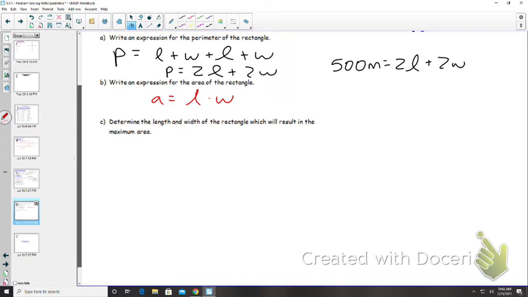So step 1, you're going to use perimeter to solve for L. Okay, step 2, we're going to write the area equation with only one variable.